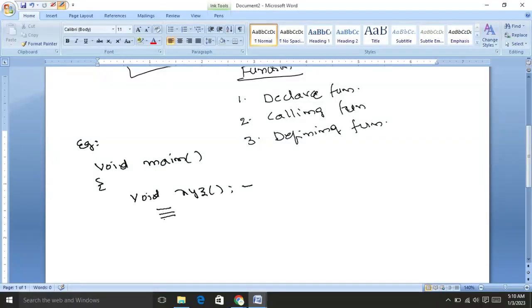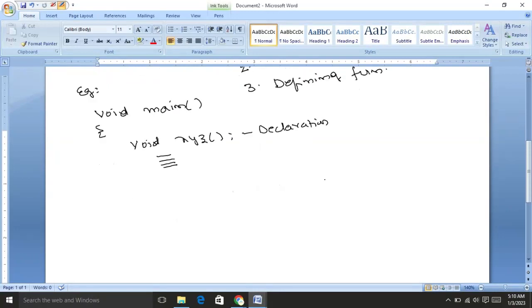I declare the function in the main program. Right? Next, in the main program, in the part of the instructions, I write the call, xyz like that. So this is the return type or data type. So this is the function calling. The declaration and function calling are in the main program.